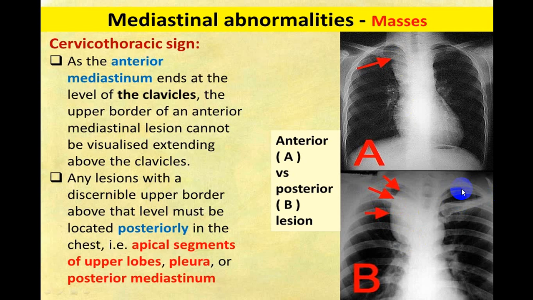You can see a clear cut area here, radiolucency. But here, this opacity is extending up. So whenever it is extending above the superior mediastinum, then that is given a name, cervicothoracic sign. So from the cervical region, there is some material which is producing opacity extending into the thorax.